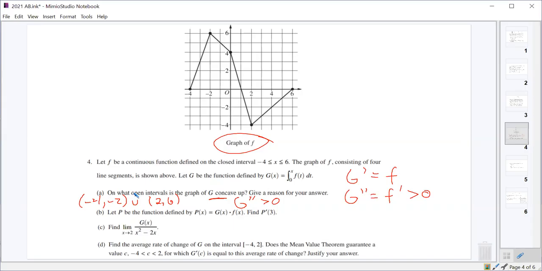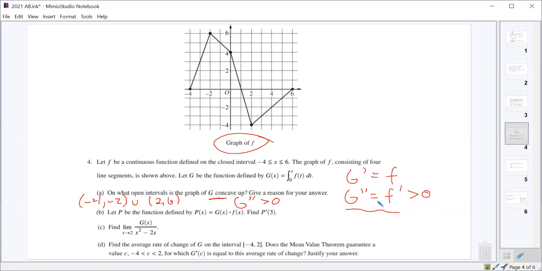I don't have the scoring guidelines for these, so I can't tell you how many points this was worth, but usually they associate a point in problems like this with indicating that G double prime is equal to F prime. So make sure you write something like that in your work, because about 80% of the time there's a point associated with that. So I suggest doing that.